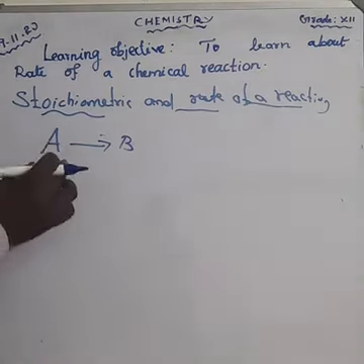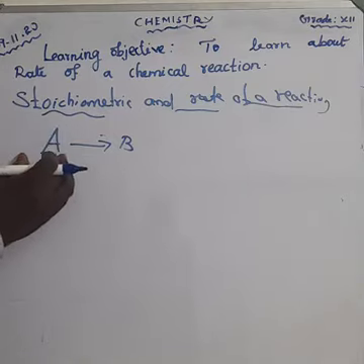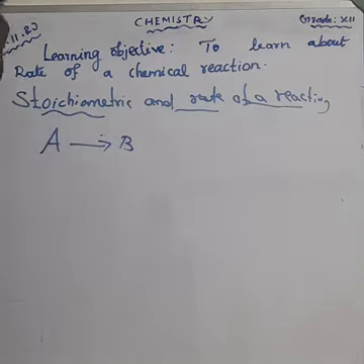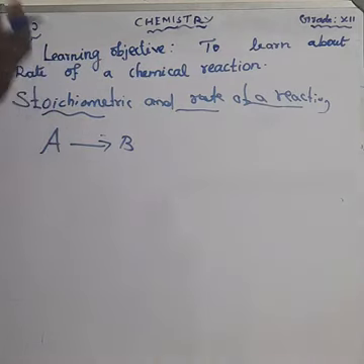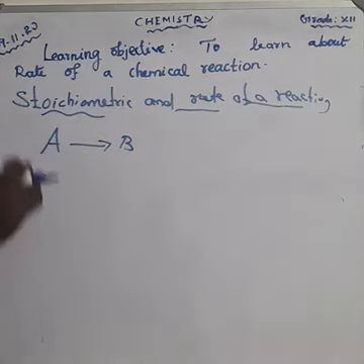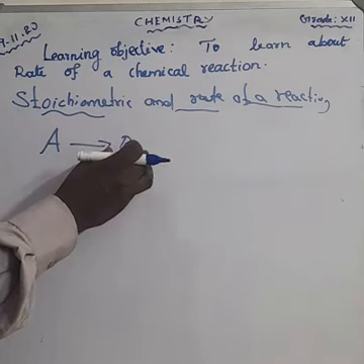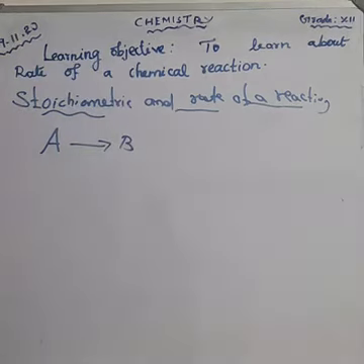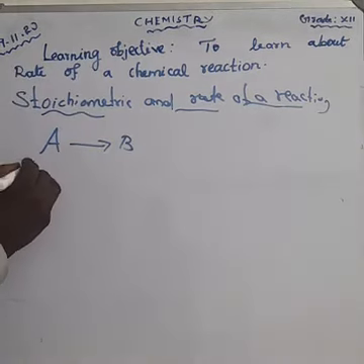The rate of the disappearance of reactant A, because A is converted to product B. So A is the disappearance and B is appearance, because appearance means forming as a product.